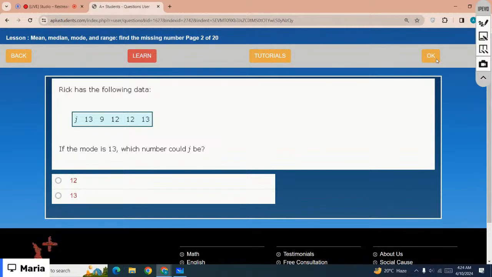The correct option is 13, because 13 is the mode. That means 13 appears most of the time. Here you have 13 only twice. That means J must be 13.